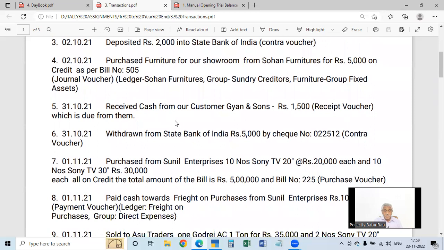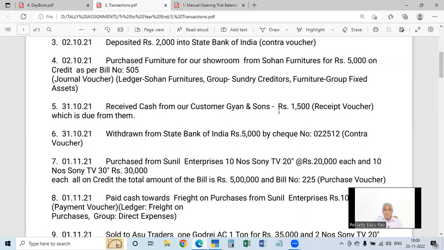Next, received cash from our customer Gyan and Sons, 1,500 rupees, which is due from them. In the previous transactions, recorded as the opening balance, there is a balance in Gyan and Sons. So in the Gyan and Sons account, we have received the money.